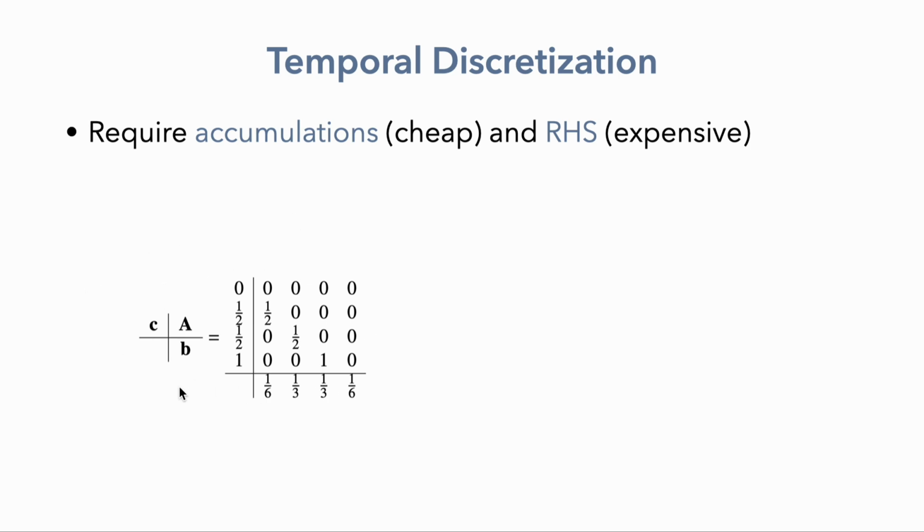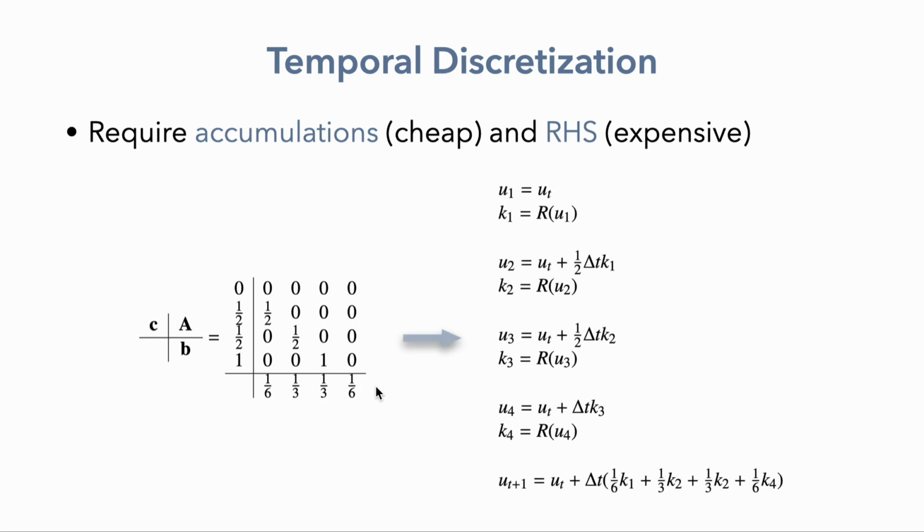So if we look at the Butcher tableau for a classic RK44 here, what you can see is that this gets expanded out into a number of steps or stages. So we start with, for example, the evaluation of the stage 1 solution, then we evaluate the right-hand side of that solution, then we get the stage 2 solution, we evaluate the right-hand side, stage 3 solution, right-hand side, etc.